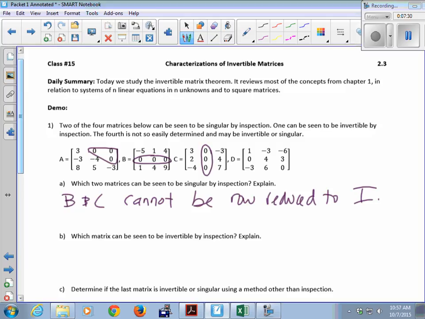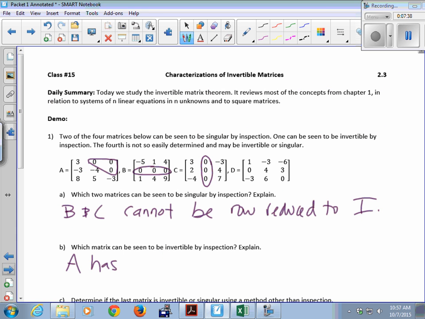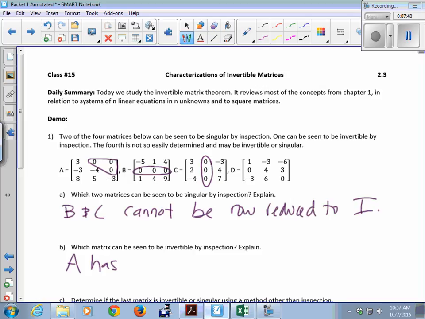Yeah. Okay, so yeah, because also part of my notes here said that A transpose is also invertible. So an upper triangular and a lower triangular both end up having n pivots. Right.